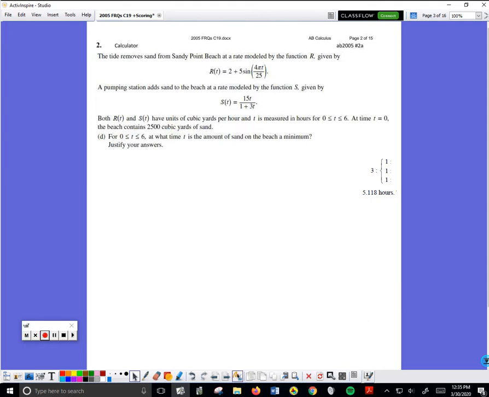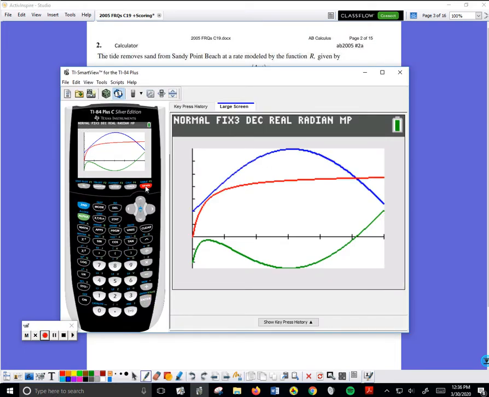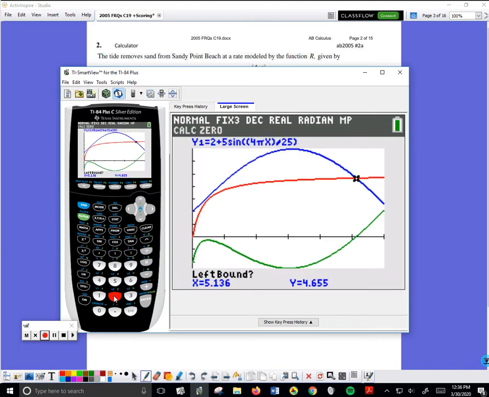Okay, so what I write is, looking at my calculator again, I need to find this time right here. So that's second trace, that's a 0. Need to get on the green curve. Move a little bit left of the 0. Move a little bit right.